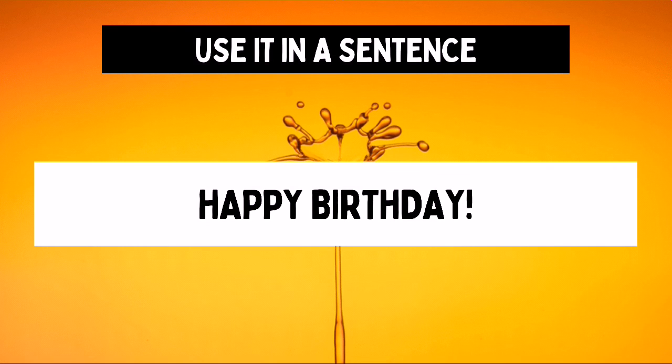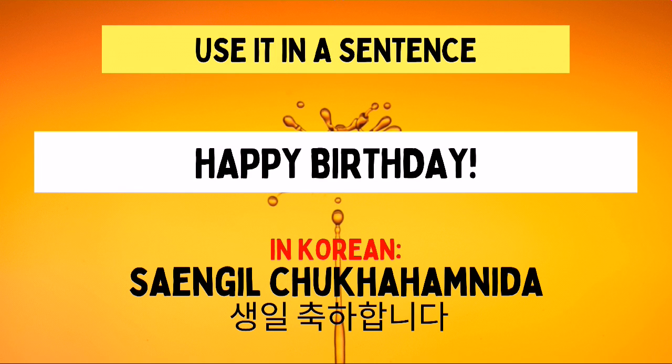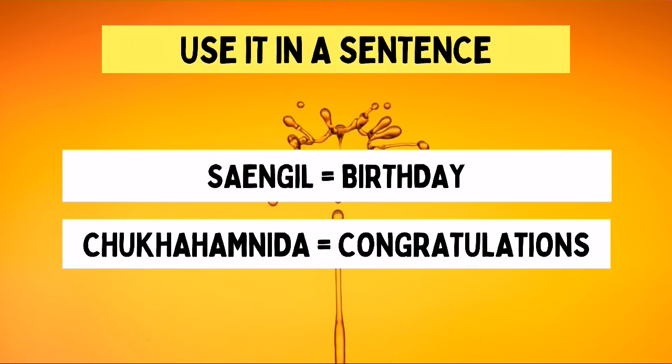Now let's try to look into this example expression. It says, happy birthday. The Korean translation of this is, 생일 축하합니다. The first part of the sentence is 생일, and this is our word for today, and we already know that it means birthday.